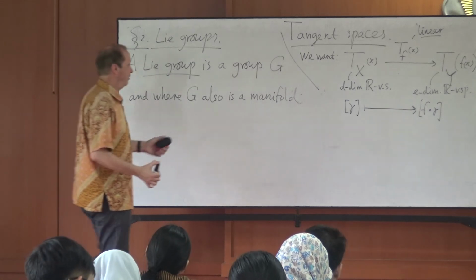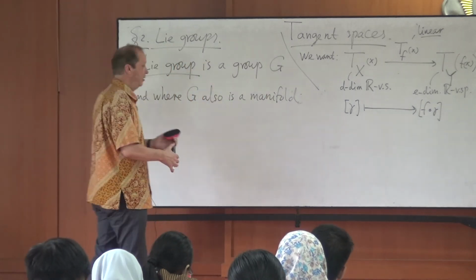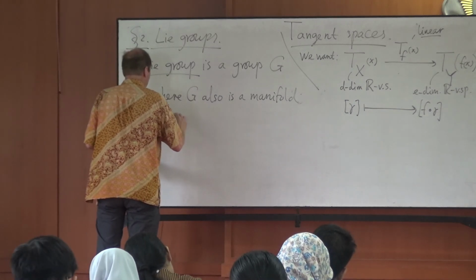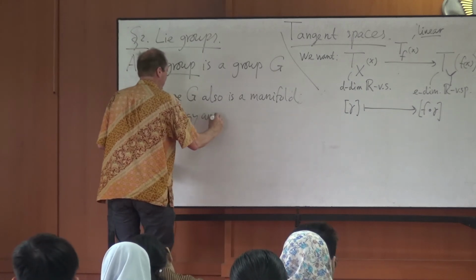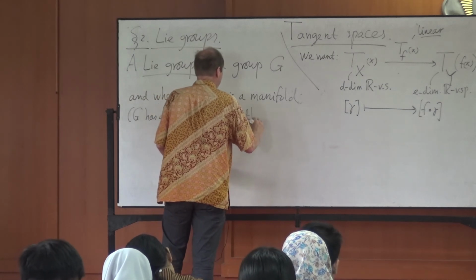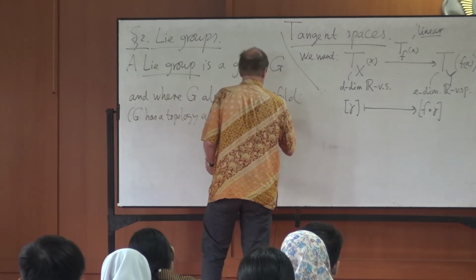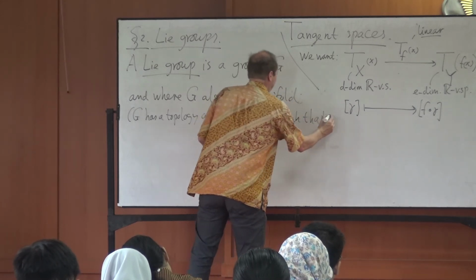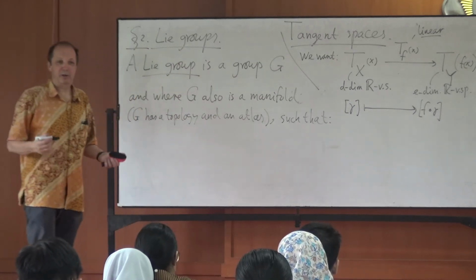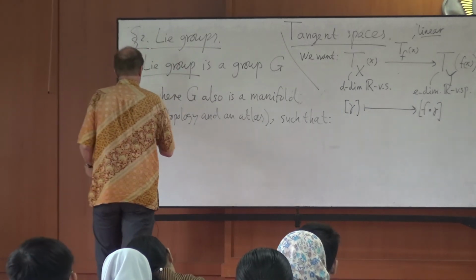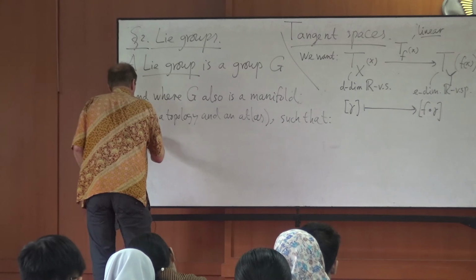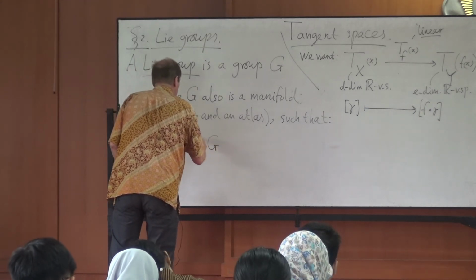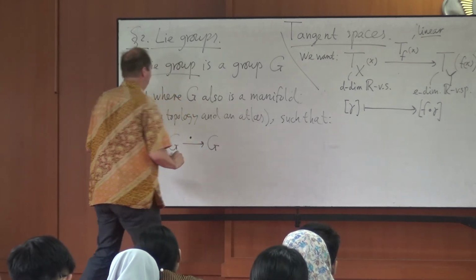So it should have a topology and an atlas, right? G is a manifold, so G has a topology, an atlas, such that the group operations are differentiable maps. So the group operation is a map from G times G to G, right? And we could write that as dot, right?